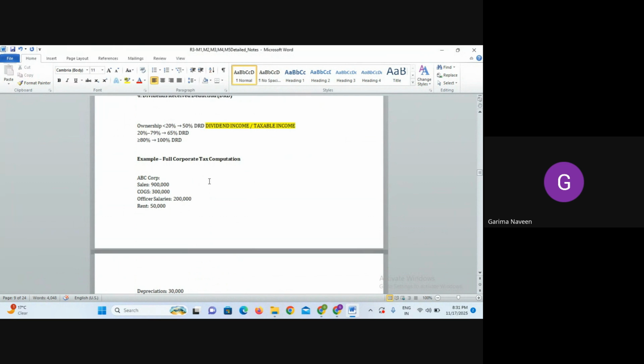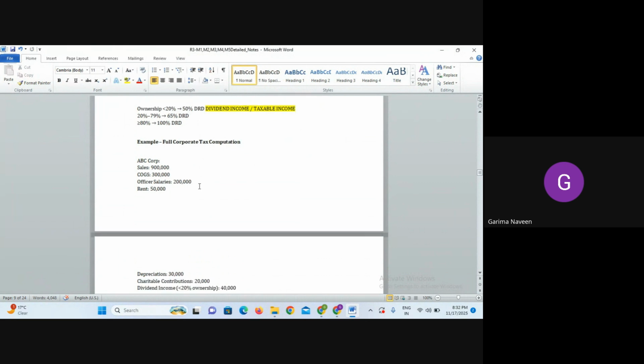So what should be the amount of income and deduction? Anyone? Which is income from these items? Sales and dividend. Yes, sales and dividend.